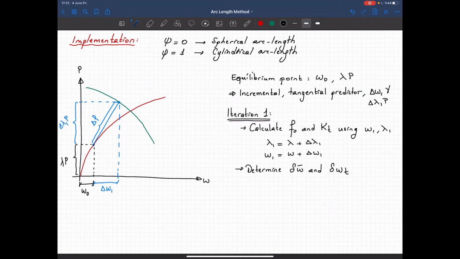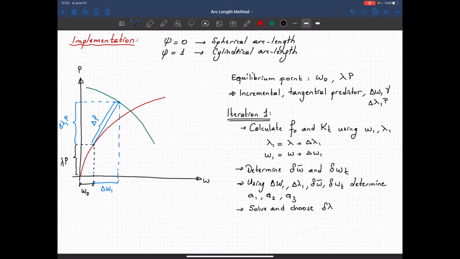So by using delta W1 and delta lambda 1, determine the A1, A2 and A3 coefficients. Solve the quadratic equation and then choose the correct root for iterative lambda 1.